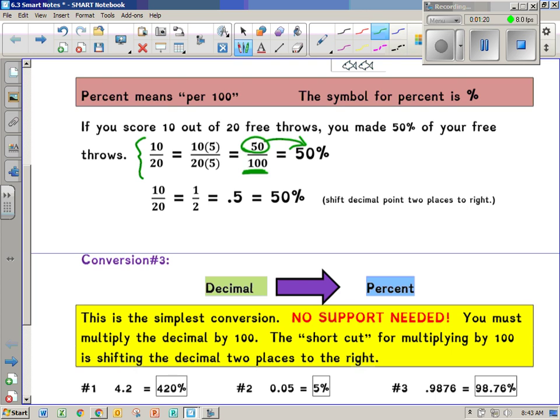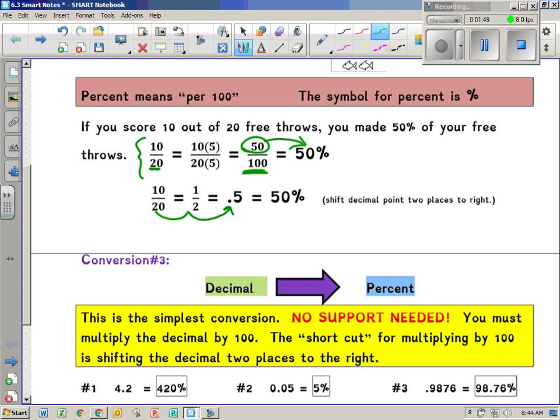I don't always have to do that, and you can see sometimes it wouldn't be convenient if the denominator were not a factor of 100. That method would work very well otherwise. So another alternative is to convert your fraction to a decimal, which we've already talked about doing, long division sometimes, and then per 100, it's like you're multiplying the fraction by 100.